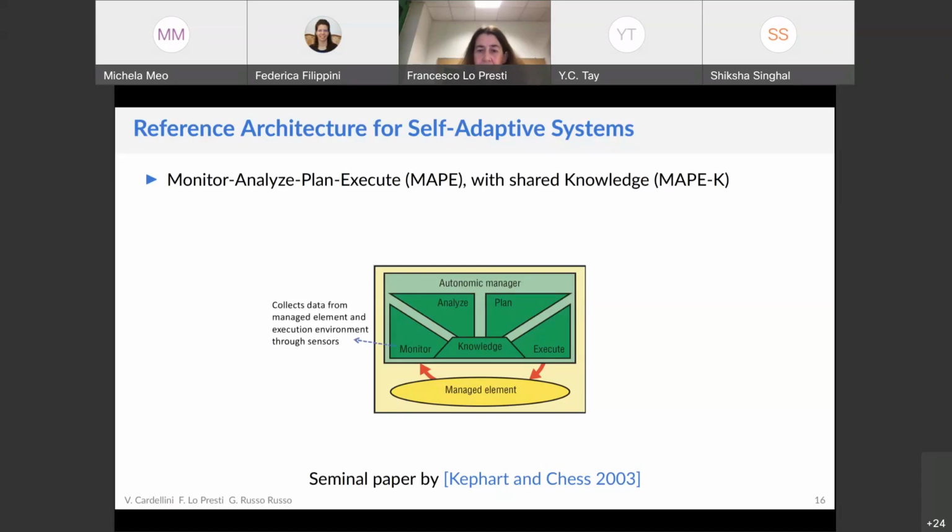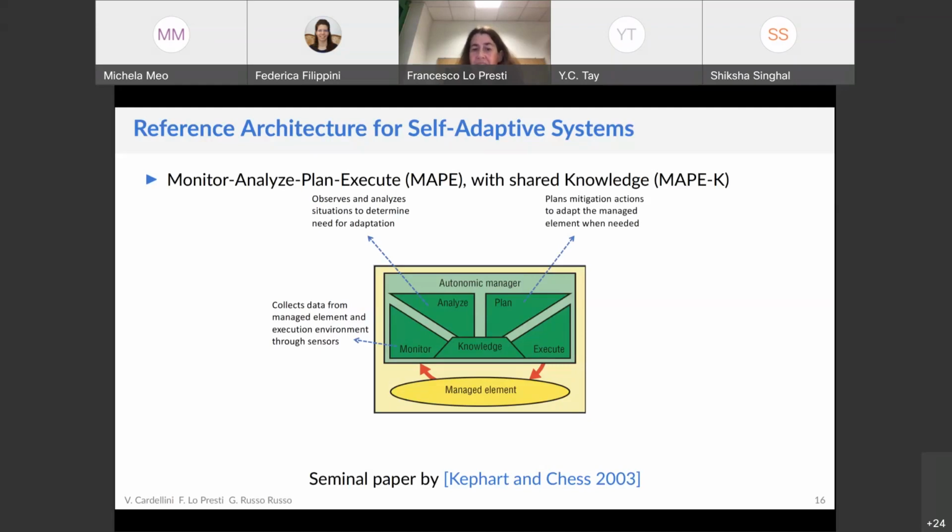And so the monitor component is related to collecting data from the managed system and the environment, and through sensors passes this data to an analyze component that can observe and analyze situations and can determine in this way the need for adaptation.